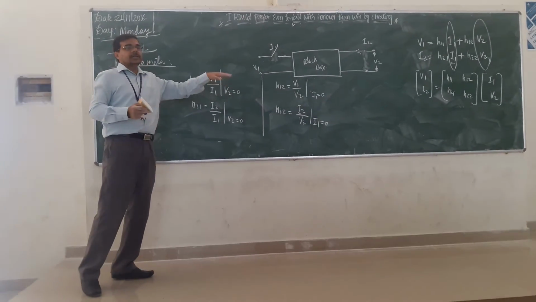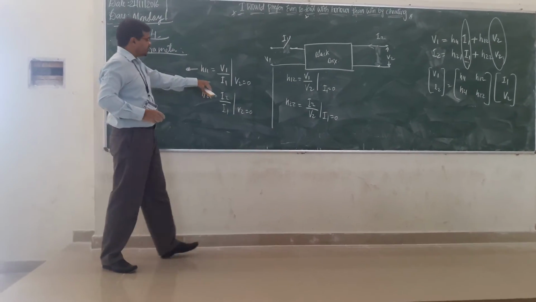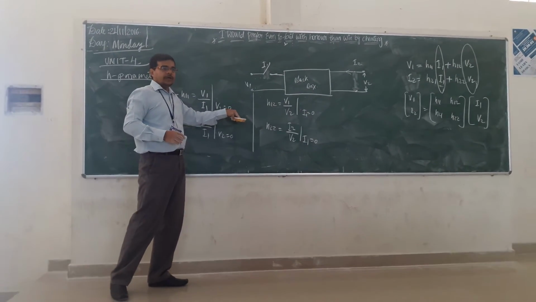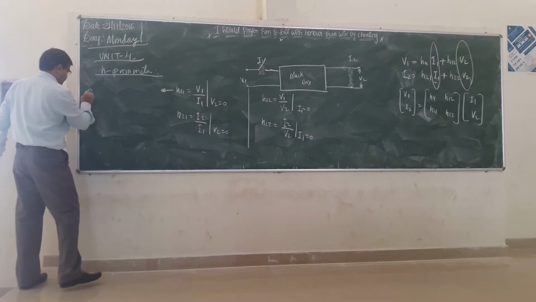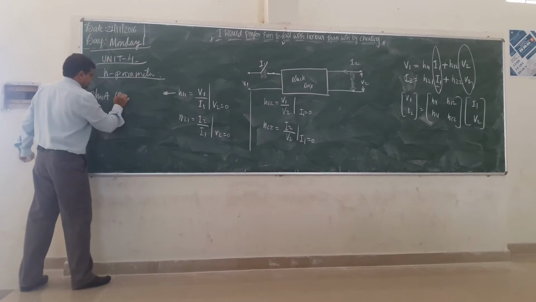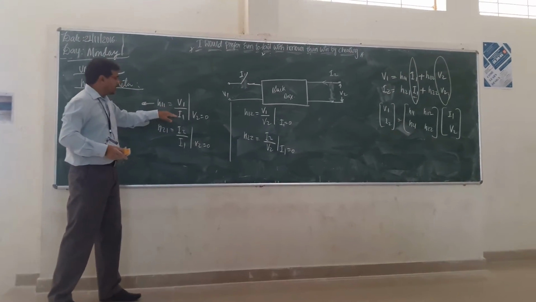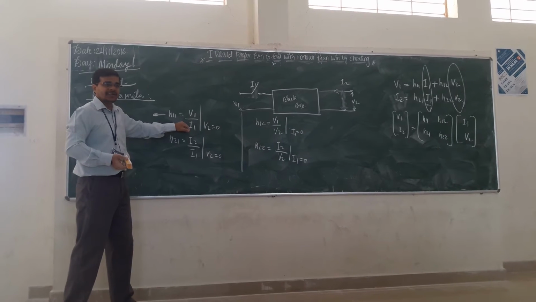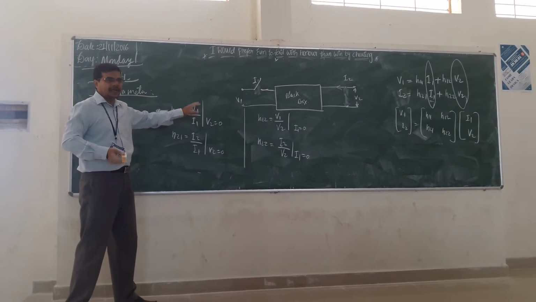Now what are these parameters? Here if V2 is 0, we are doing short circuiting. V1 by I1, V by I is R, which means we can say resistance or impedance.